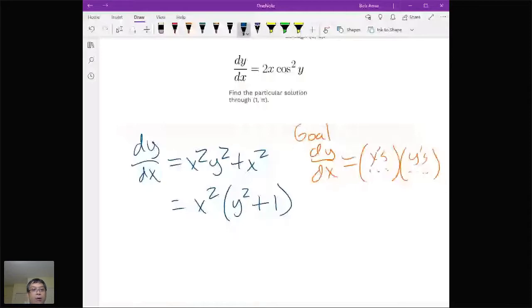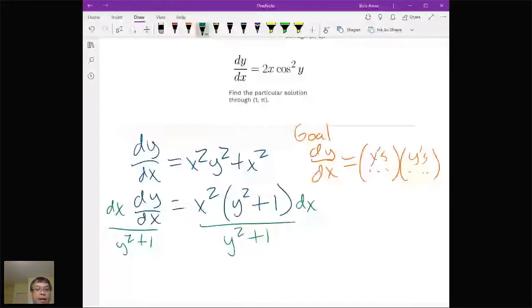Okay. Now I'm going to do the separation thing. So what I'd like to do is divide both sides by y squared plus 1 and multiply both sides by dx. Again, this is really, honestly, a bookkeeping technique. dy and dx happen to behave in this way, and it works mathematically.